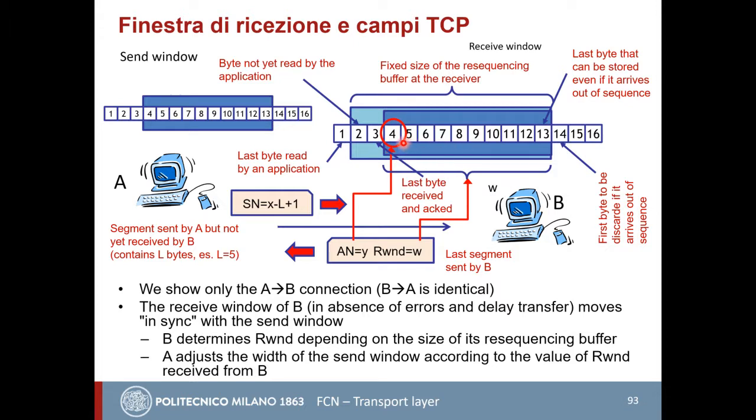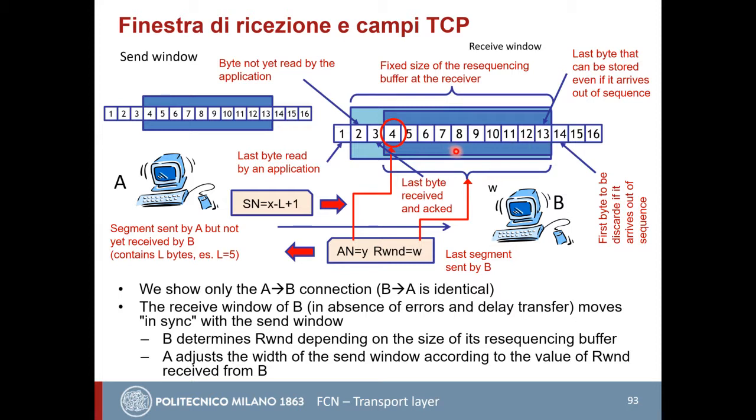And the receive window starts from the first byte that is waited for, and stops at the last byte that can be stored even if they arrive out of sequence. Okay. Basically, the top of the receive window is the top of the resequencing buffer.